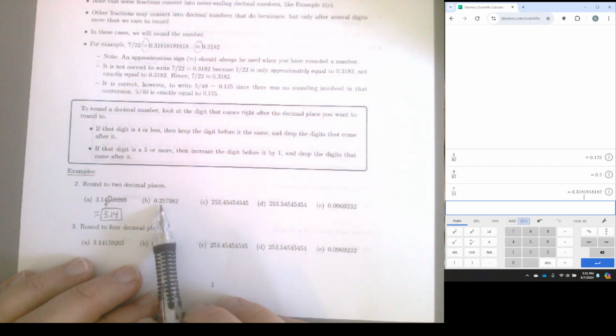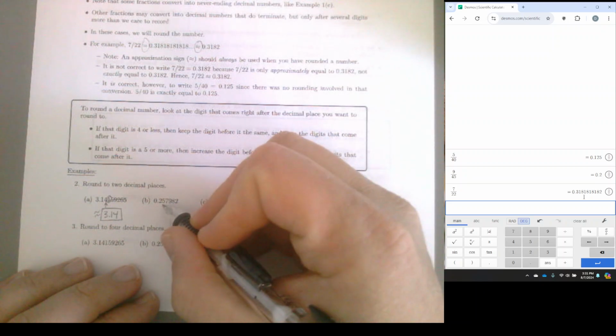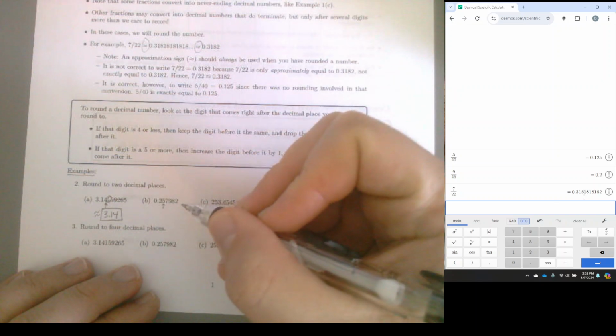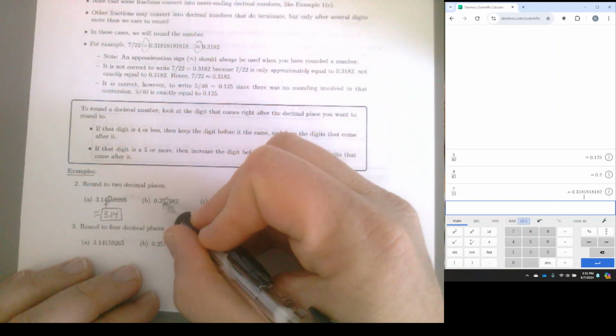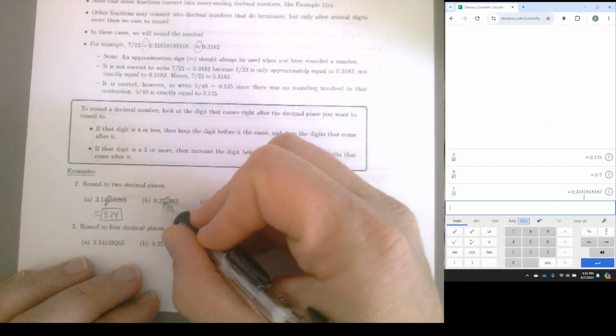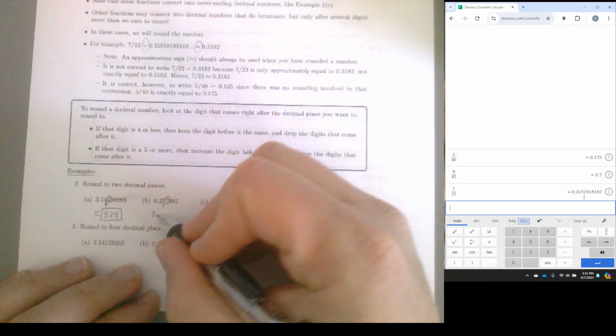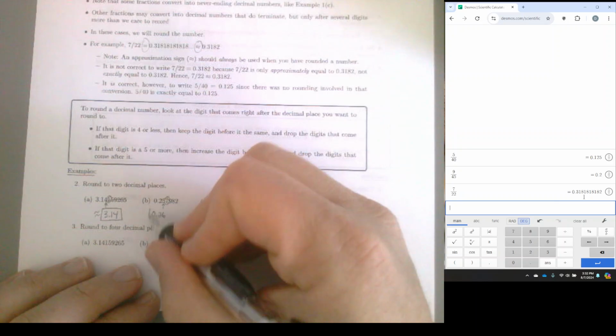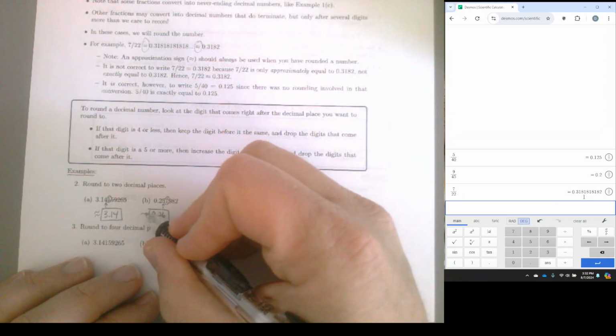In a similar way, 0.257982, if I wanted to round that to 2 decimal places, I would note that the 5 is in the second decimal place. The digit that comes after it is a 7, which is 5 or more. So I'm going to round the 5 up to a 6 and then drop all remaining digits. Okay, so this is approximately 0.26.